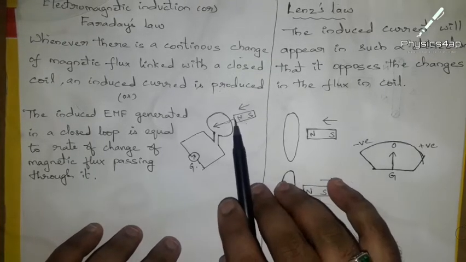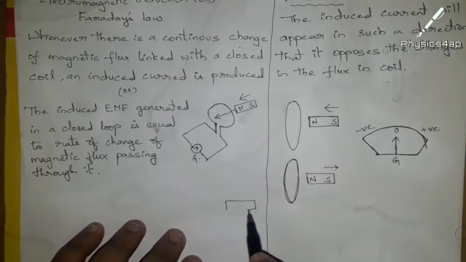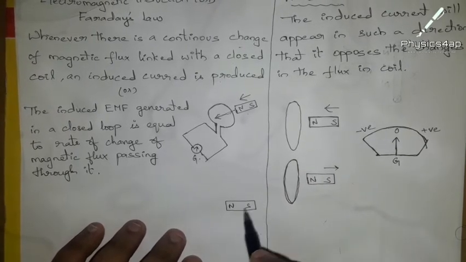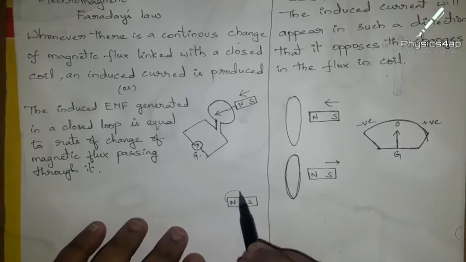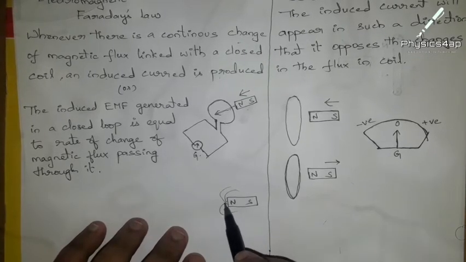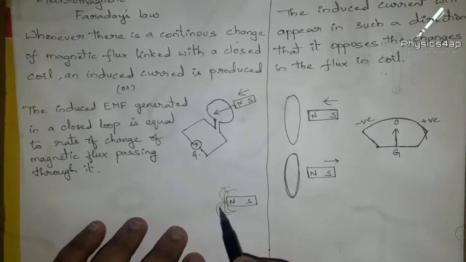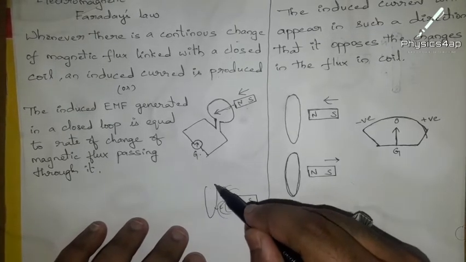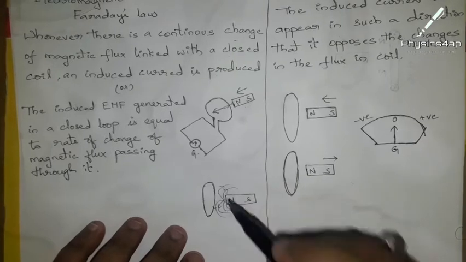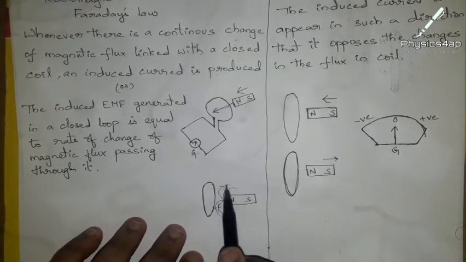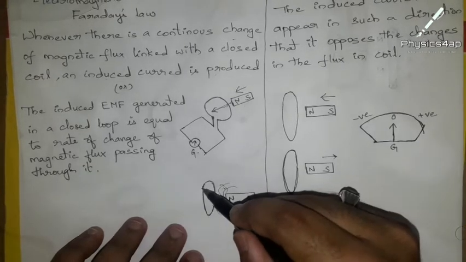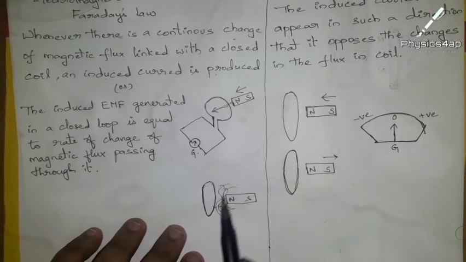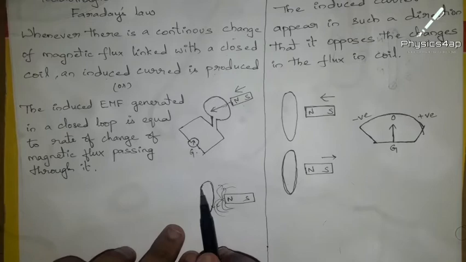Simple. This is the bar magnet, with a north pole and a south pole. There are magnetic field lines present around the north pole and the south pole, as we know. Now when we bring it near the copper coil, these magnetic lines get linked with the copper coil.